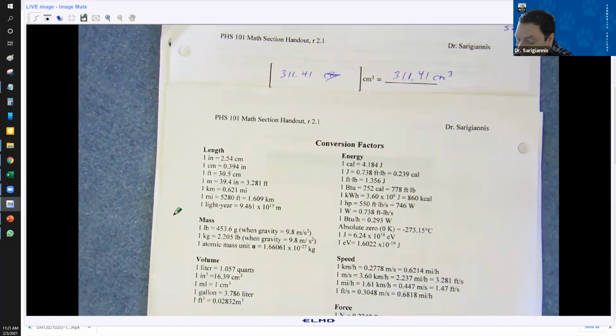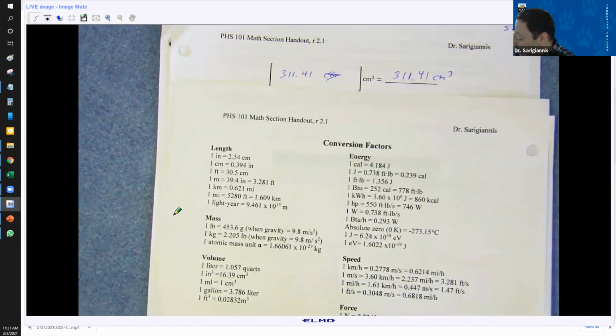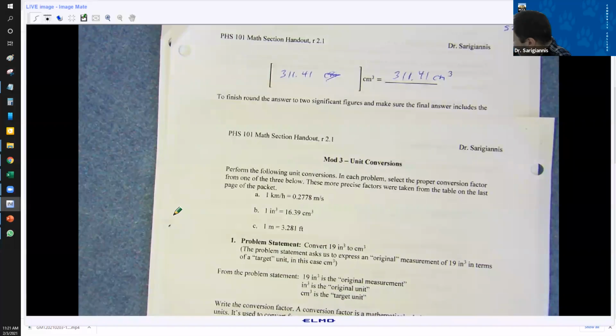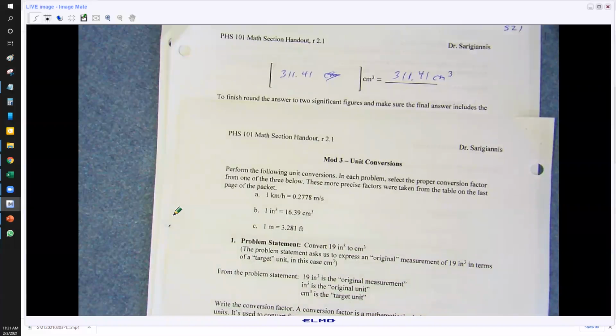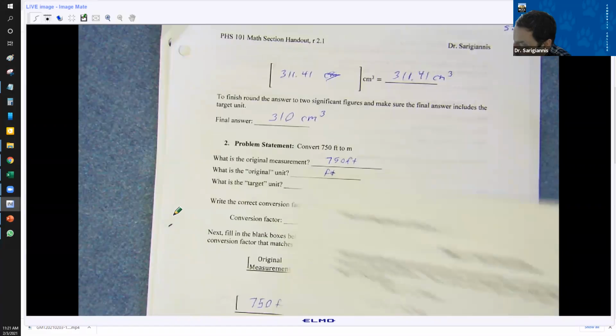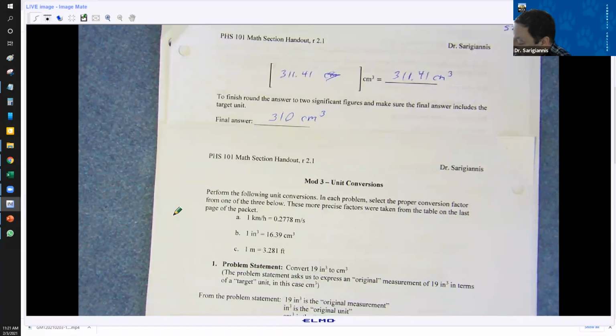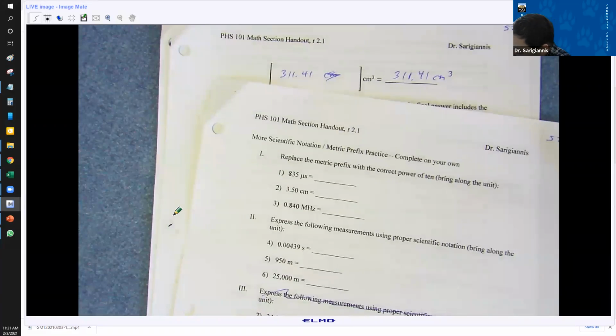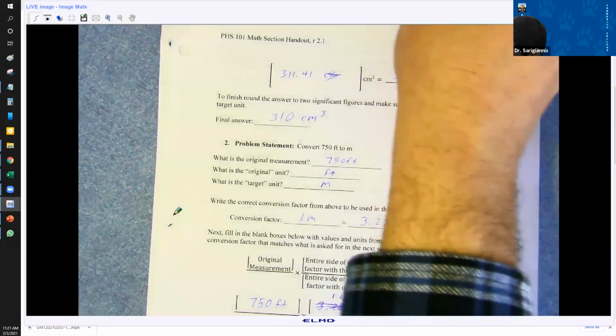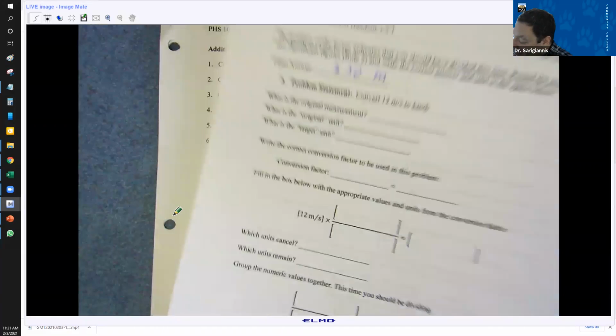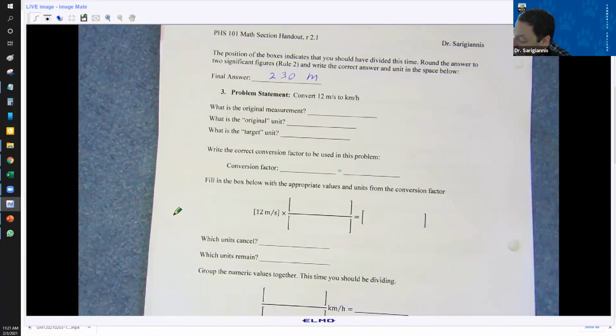This is a reference sheet for test number 3. I'll pull this up tomorrow and show you. You can just print it out and use it instead of flipping through your notes.